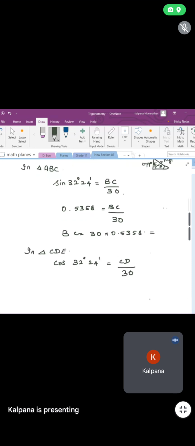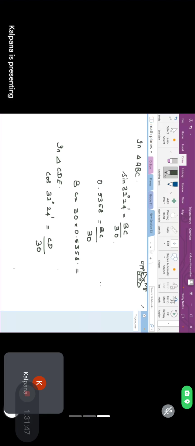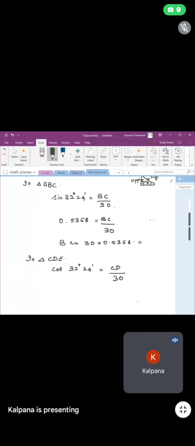Yes, take your natural cosine and find what is the value. 32 degree 24 minutes. See what you're taking. So cos means you have to go for natural cosine. So 32, 24. 0.8443. Yeah, you're able to find, children? Yes, ma'am. You can look against 32 horizontally and 24 vertically.